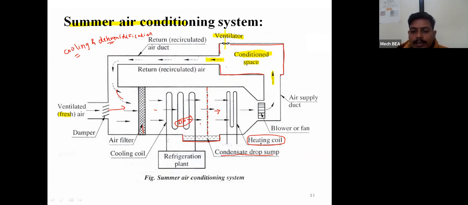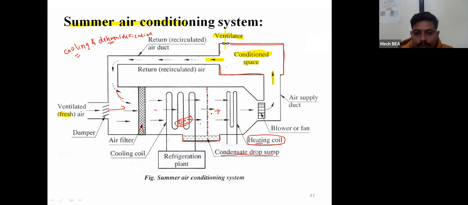So why is the heating coil required? Because the temperature of the cooling coil is maintained below the dew point temperature of the mixed air. That means we cannot cool the air only up to the required condition; we have to cool the air below the dew point temperature.